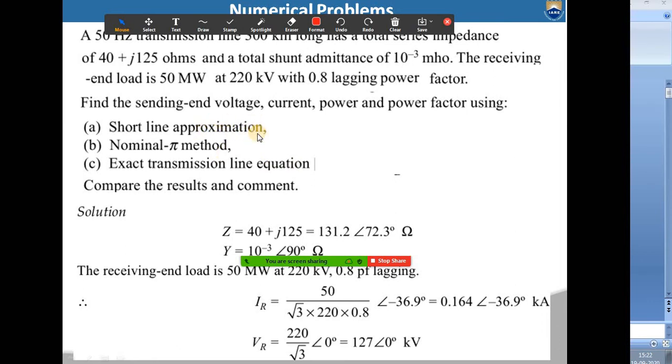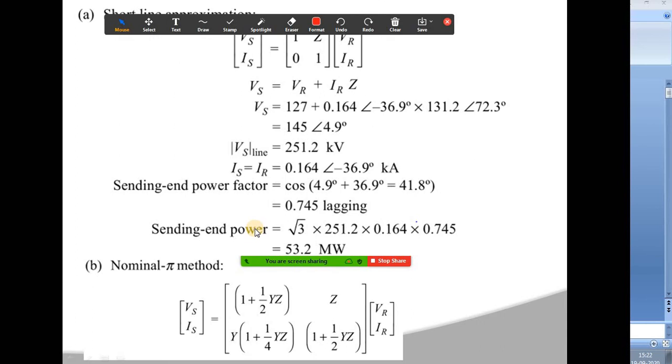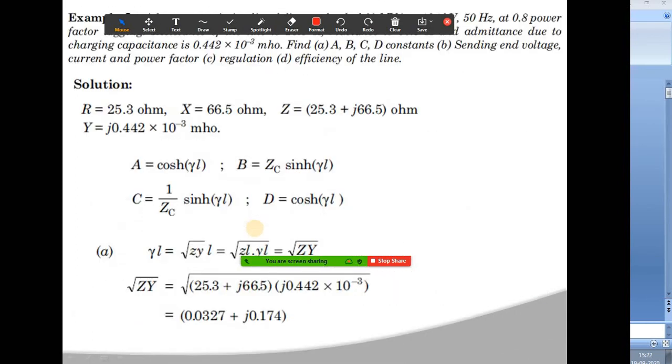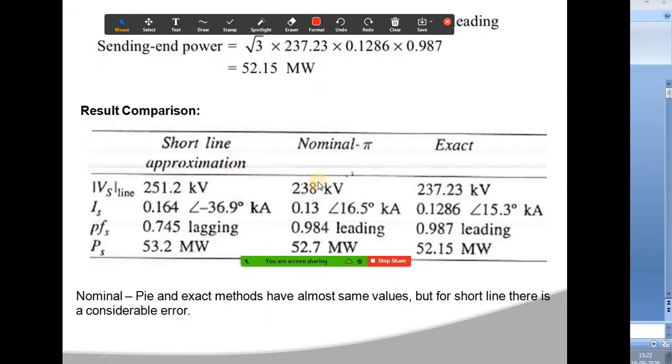Now if you tabulate the solutions for all three methods, for short line approximation the sending end line voltage is 251.2 kilovolts, for the nominal pi method it is 238 kilovolts, and for the exact solution 237.23 kilovolts.